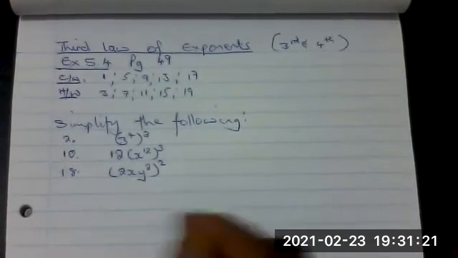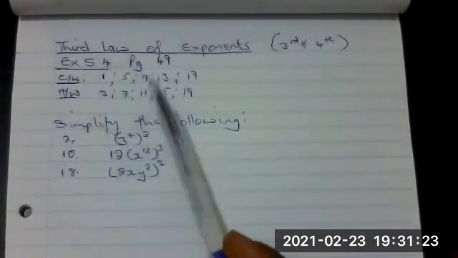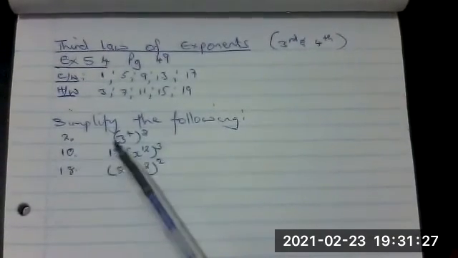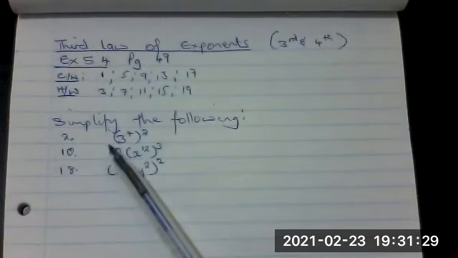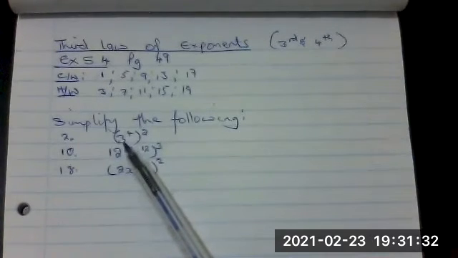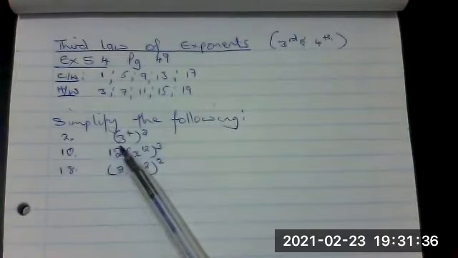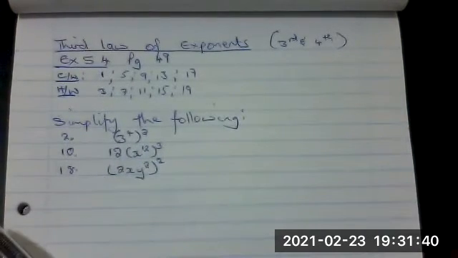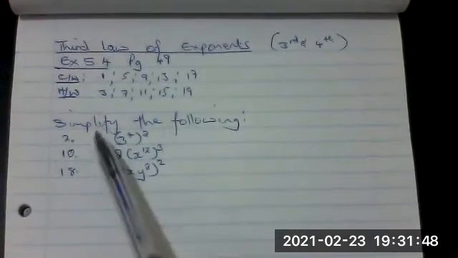Before we solve the problems that we have here, we're going to use these problems as examples. Let us go through what the third law is and what the fourth law is. Then thereafter, we will simplify the three problems that we have as examples.